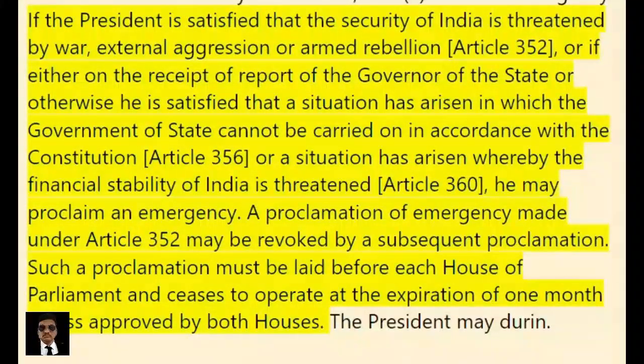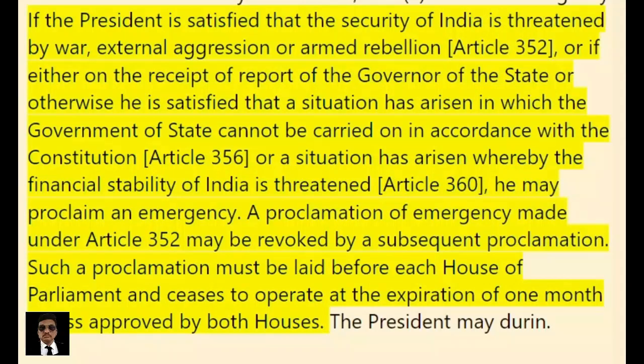If the President is satisfied that the security of India is threatened by war, external aggression or armed rebellion, Article 352, or if, either on the receipt of a report of the Governor of the state or otherwise, he is satisfied that a situation has arisen in which the government of the state cannot be carried on in accordance with the Constitution, Article 356, or a situation has arisen whereby the financial stability of India is threatened, Article 360, he may proclaim an emergency.